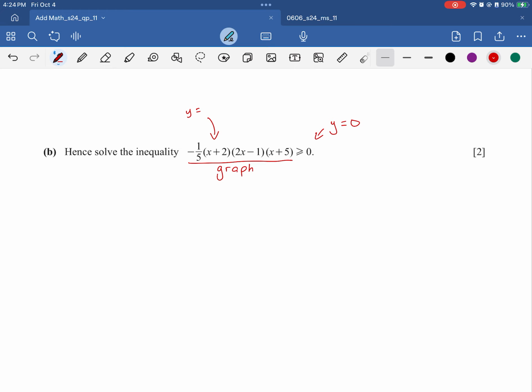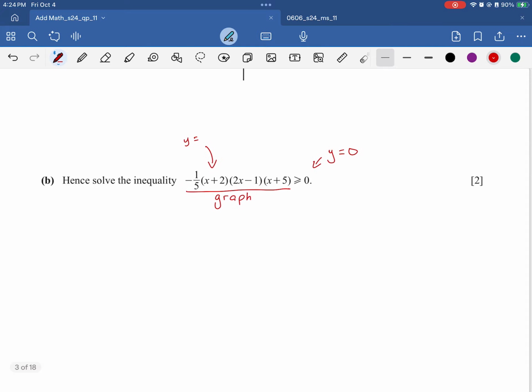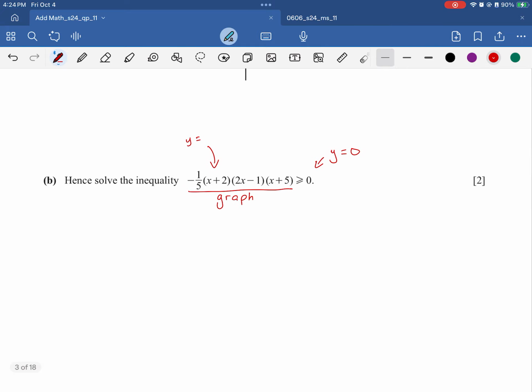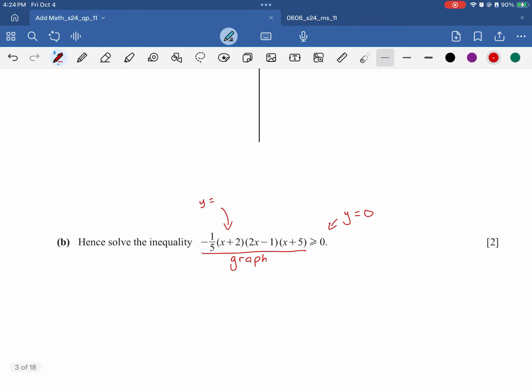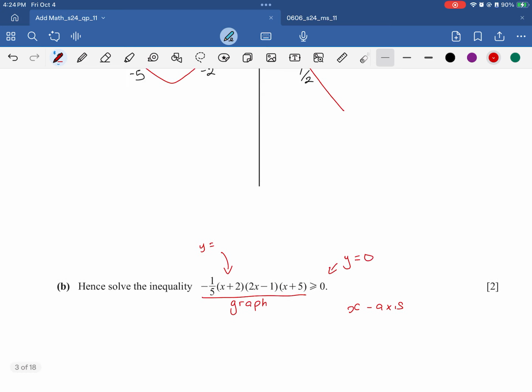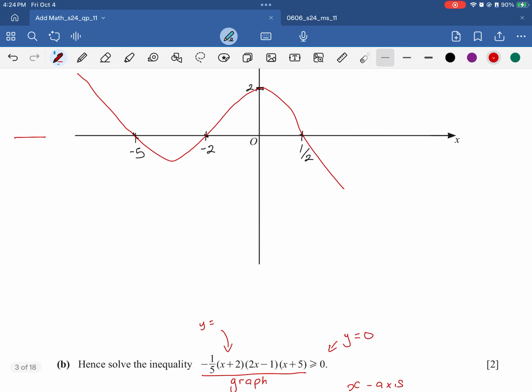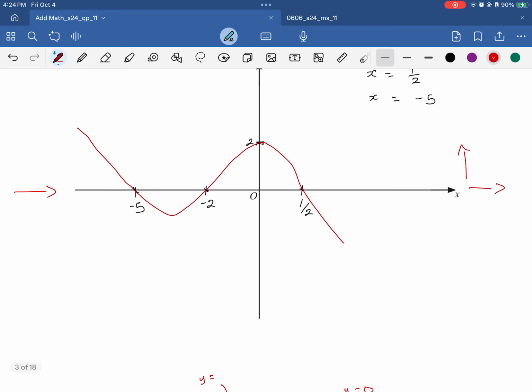If you interpret that, where is y equals 0 on this graph? Y equals 0 on the x-axis. So they're asking you to find all the values where the graph is above the x-axis.